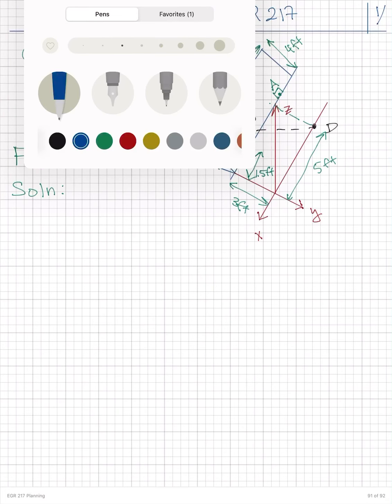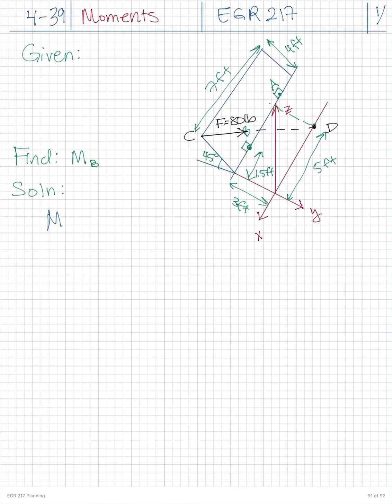So the moment about B is going to equal the perpendicular distance, or the R cross F. And R is from that point B to any point along the action of that force F. So anything from that corner of the door at C all the way to D or anywhere beyond.